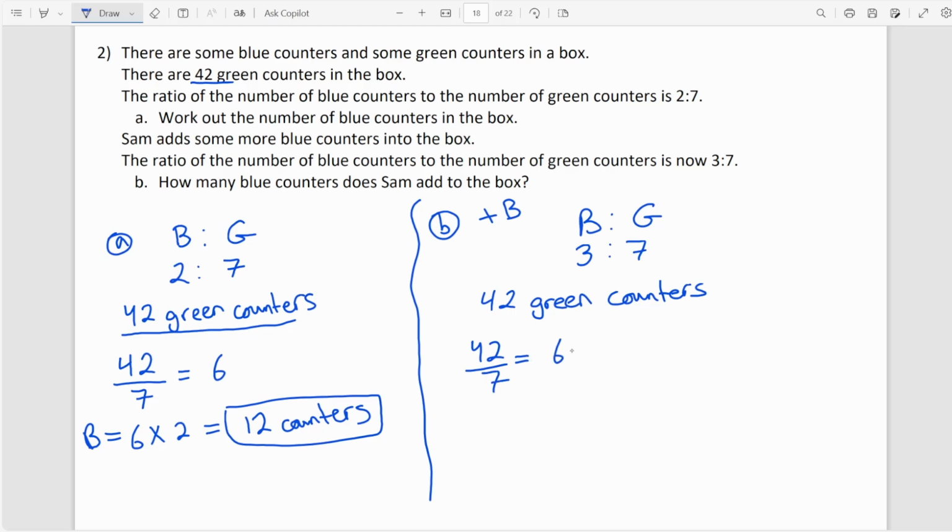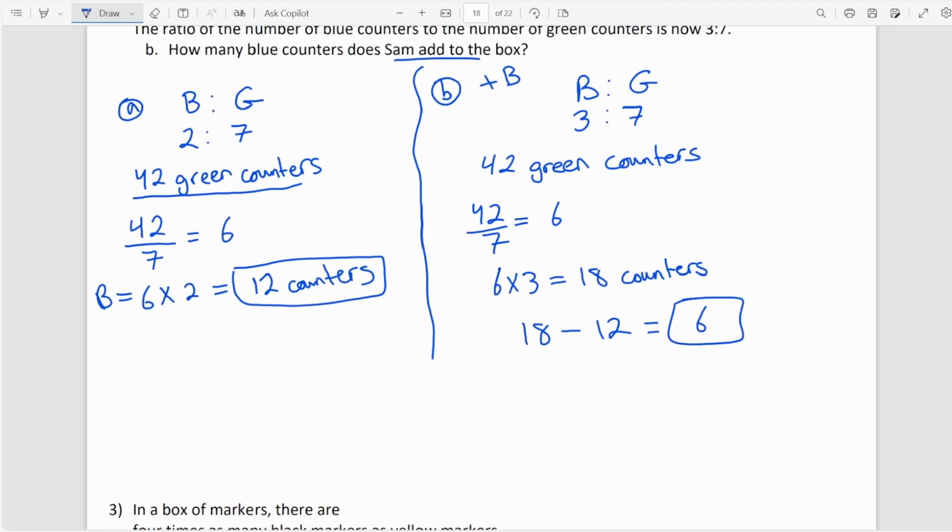So now I can go ahead and multiply 6 by 3. We get 18 counters. So now we know that there are 18 blue counters. So how much did Sam add to the box? I will subtract 18 minus the previous blue, which was 12, and we get 6. So he added 6 counters to the box. 6 blue counters.